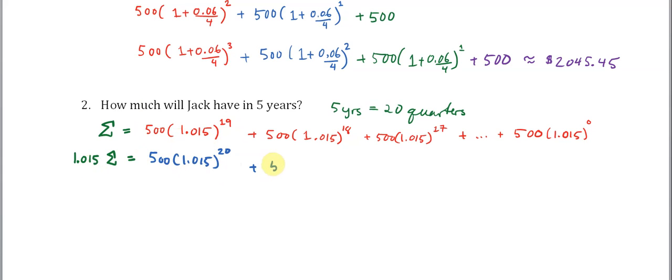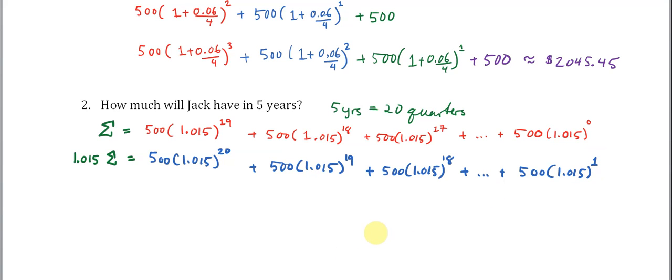The second term is going to be 500 times 1.015 to the 19th power. You can kind of see the pattern here, 500 times 1.015 to the 18th power, plus, and so on, plus 500 times 1.015 to the first power.